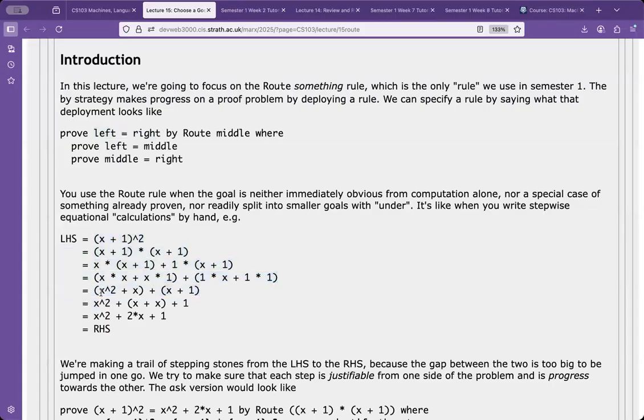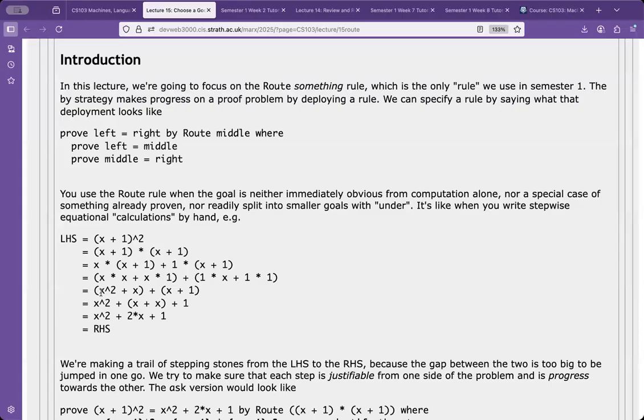So it's unfamiliar notation, but I hope a familiar process of making an equational calculation, an equational explanation, by taking steps. And usually, when you go by route, you choose a middle which is near one side.